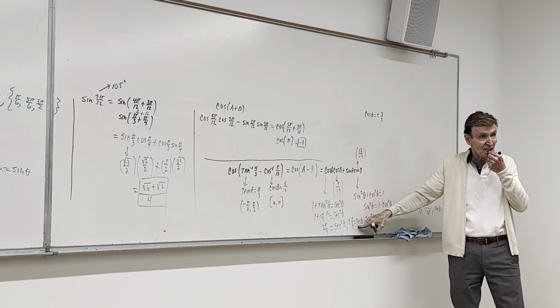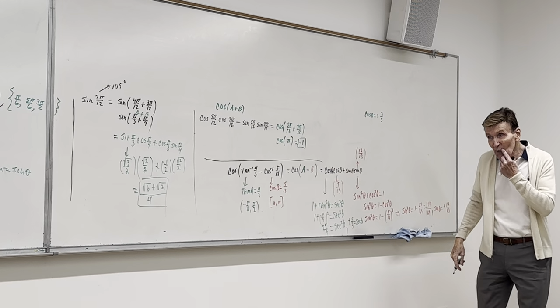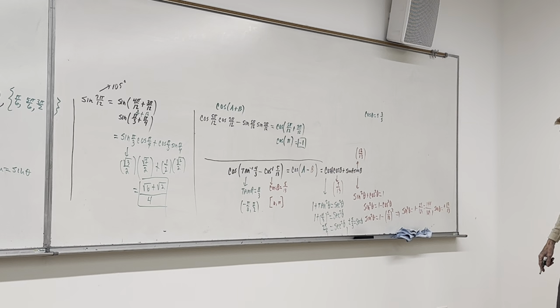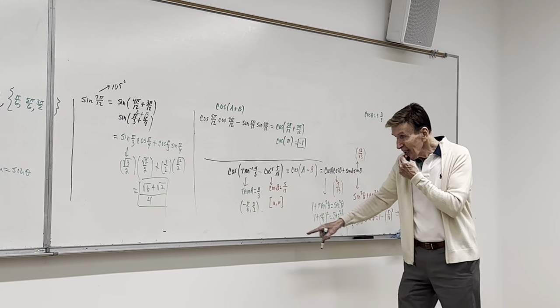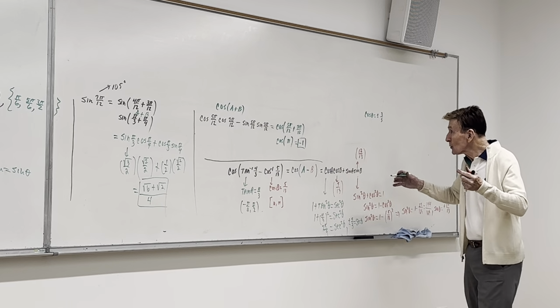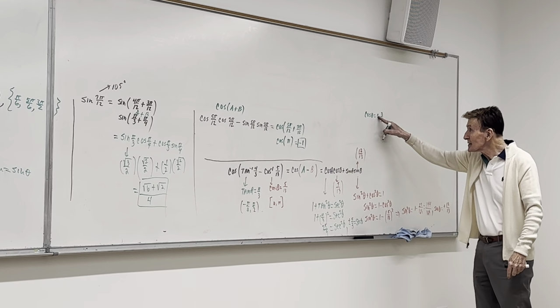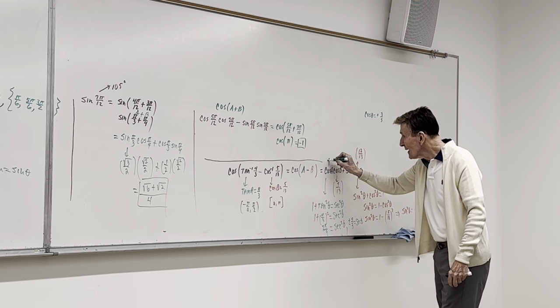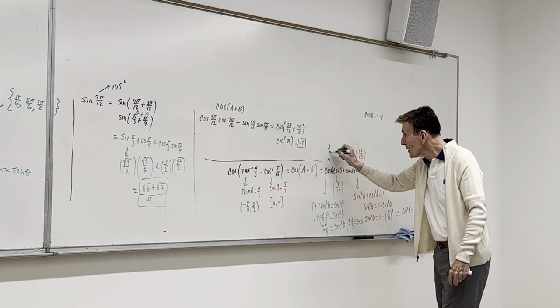Reciprocal? Yes. Now, should it be plus or minus? I'll determine where I am. First quadrant. If I'm in the first quadrant, that should be a positive 3/5. And with her help, Alexandra, thank you.